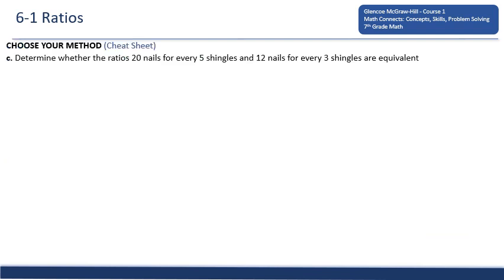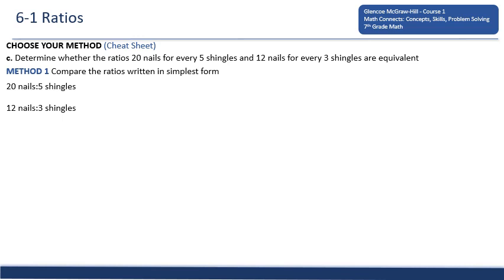Choose your method. Determine whether the ratios 20 nails for every 5 shingles and 12 nails for every 3 shingles are equivalent. Compare the ratios written in simplest form. So we have 20 nails for every 5 shingles, and we have 12 nails for every 3 shingles, and we're just going to rewrite those as fractions.